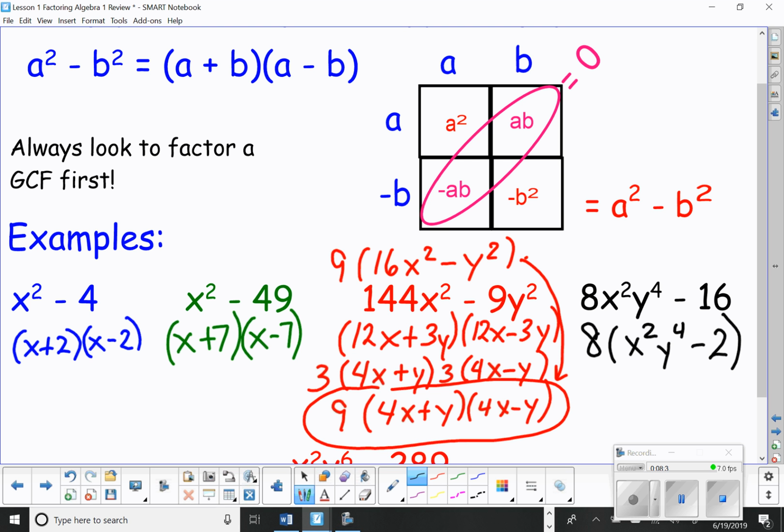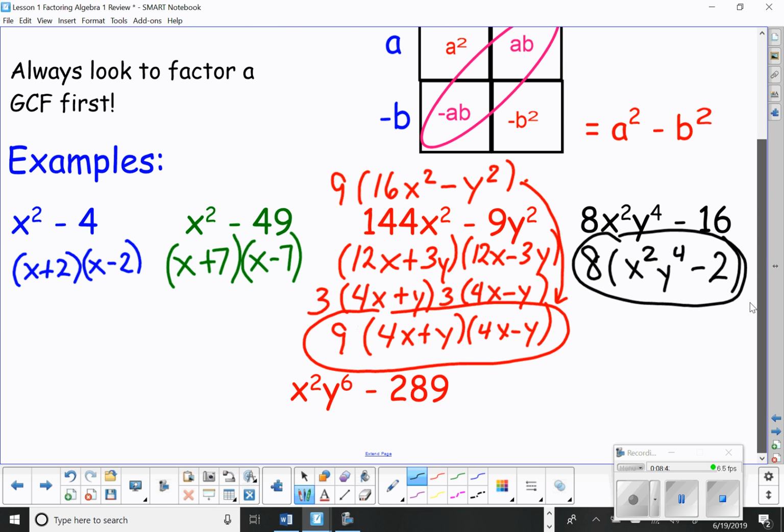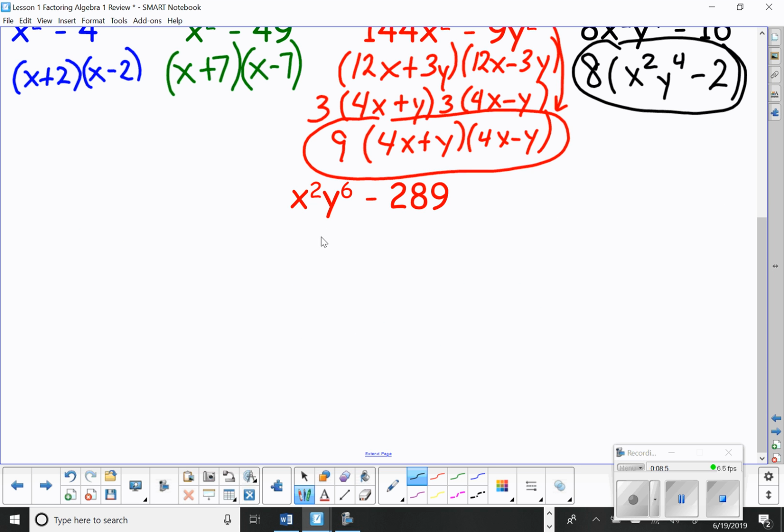This is not a difference of squares. I can't do anything else here. I'm done. Okay? Just making sure that you realize sometimes things want to be a difference of squares, but they're not necessarily.